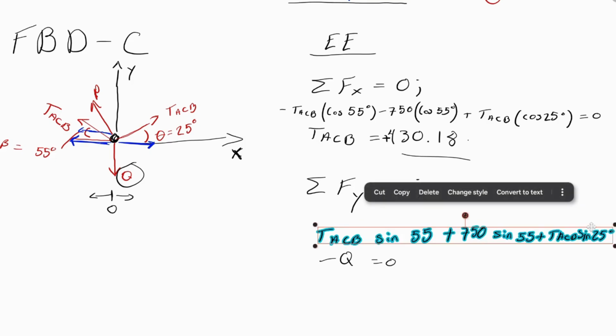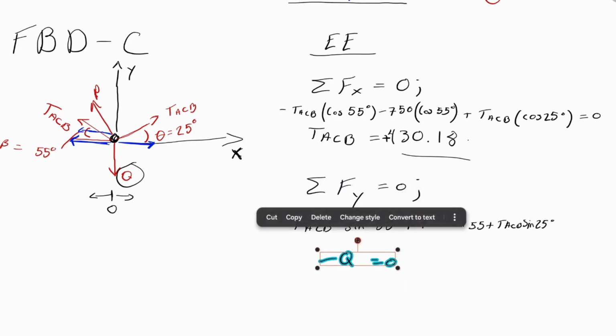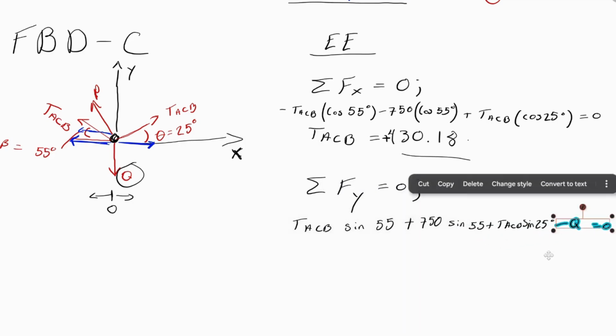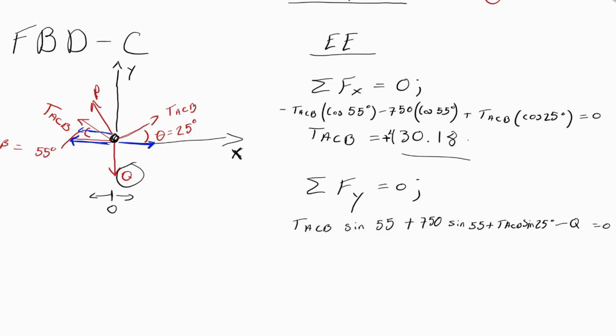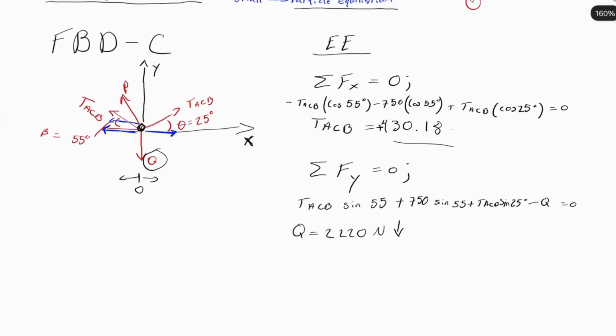We just say minus Q because Q is directly going down, so it's already in the y direction. It has no x portion. So if we distribute everything and plug it into our calculators, we would get Q equals 2,220 newtons going down.